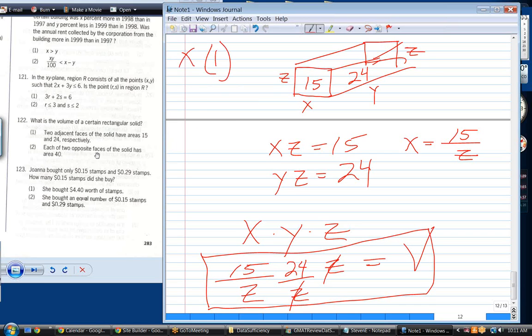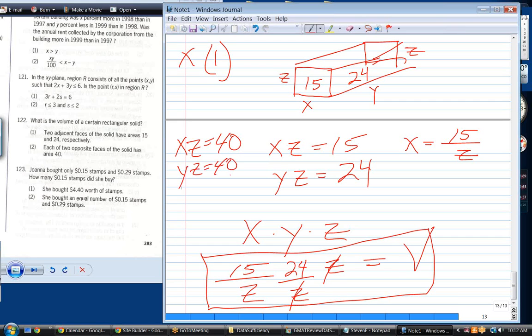Each of two opposite faces of the solid has an area of 40. So we could say xz equals 40 and yz equals 40.